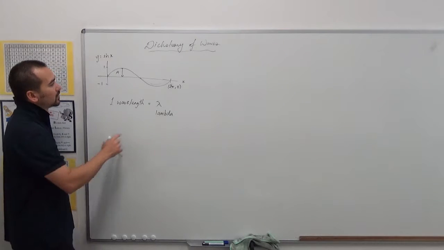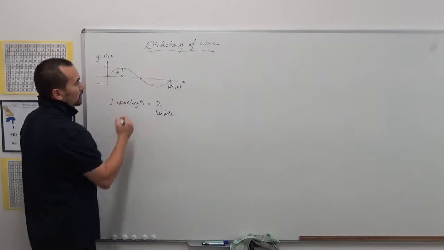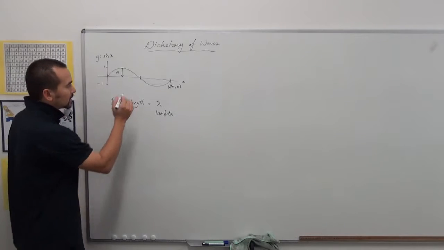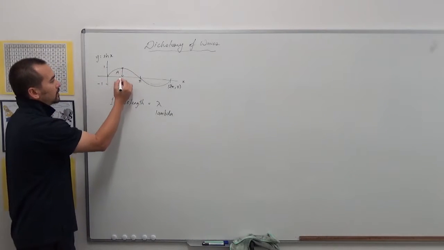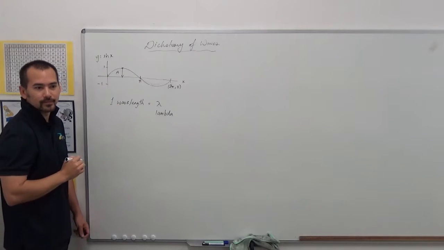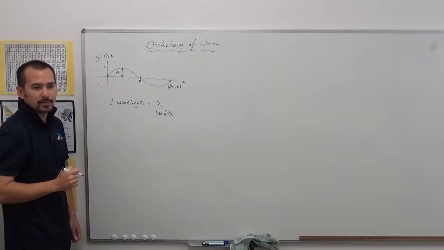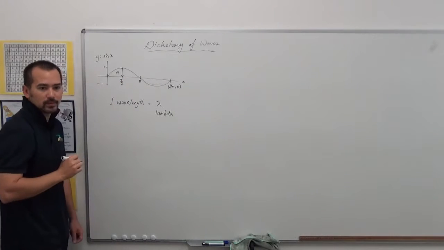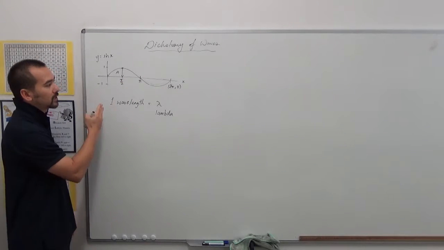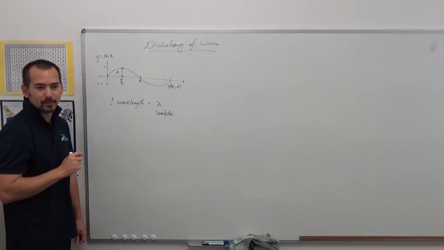Now if that's 2 pi, how much is that? That's pi. And where is the maximum then? What's the x value for the maximum? It's 90 degrees or pi on 2. So this is where our fractions really come into play.